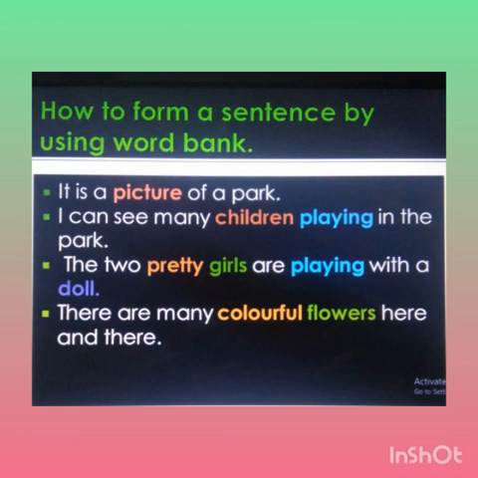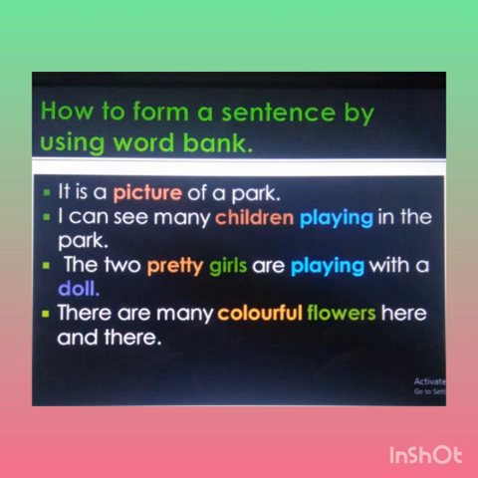Like, I can see many children playing in the park. Here, we took children and playing from the given word bank. Next, two pretty girls are playing with a doll. Here, pretty, girls, playing, doll have been taken from the word bank.